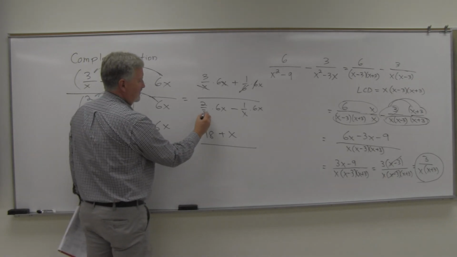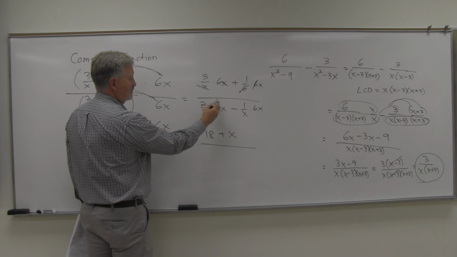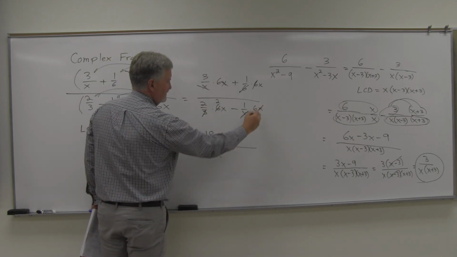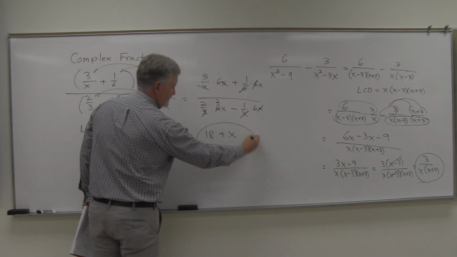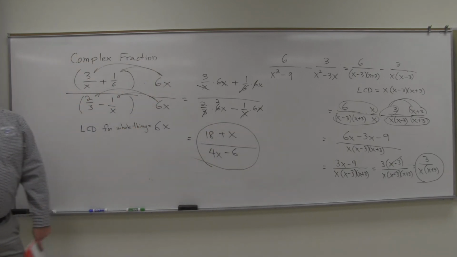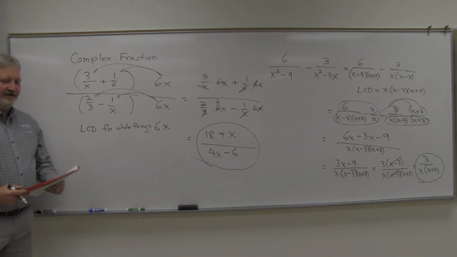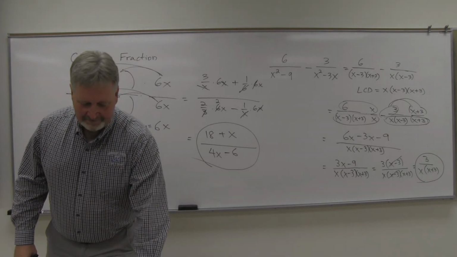Oh, down here, the 3 goes into the 6 and leaves me 2 there. So you got 2 times 2x, so that's 4x. And then you've got the x's canceling once again, so that's just minus 6. So you can use that LCD on that one to our advantage. Any questions on that one?